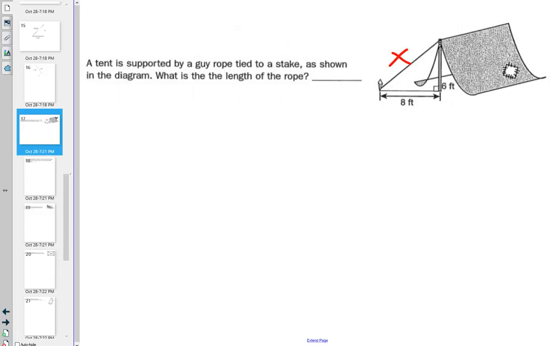If we ignore the tent, which side in the right triangle are we looking for? The hypotenuse. So what are the lengths of the legs? 8 squared plus 6 squared. Yeah, or I'll get crazy and say 6 squared plus 8 squared is equal to. It does not matter.